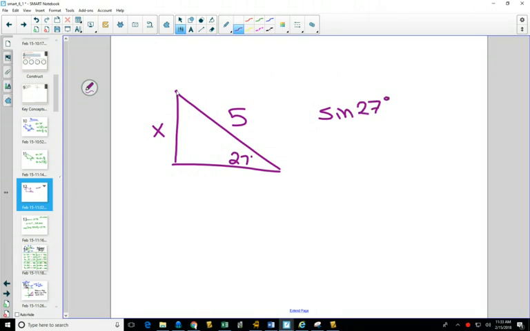When you type sine of 27 in, it tells you the ratio. And we want that ratio to be equal to the opposite over the hypotenuse. So in this case, now you use your algebra skills. If I want to get x by itself, I'd multiply both sides by 5. And when I round, I get x is approximately 2.3.